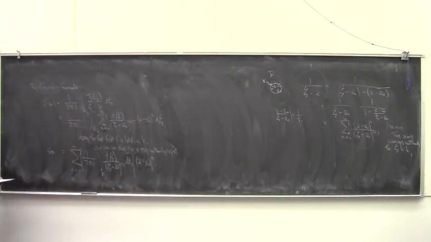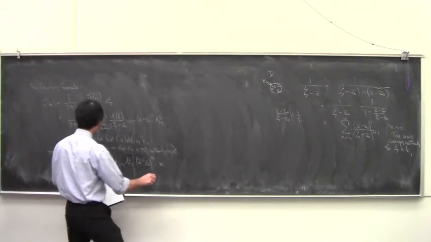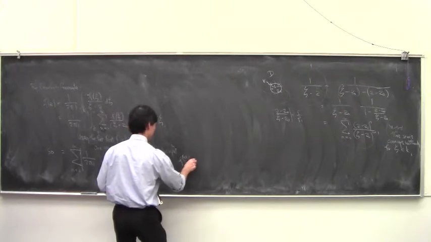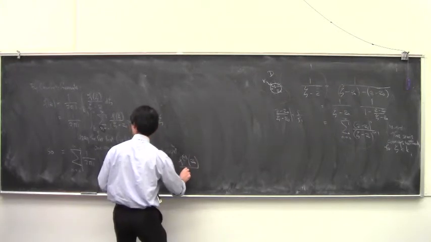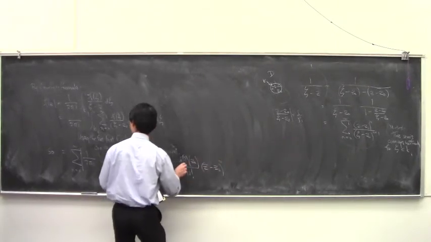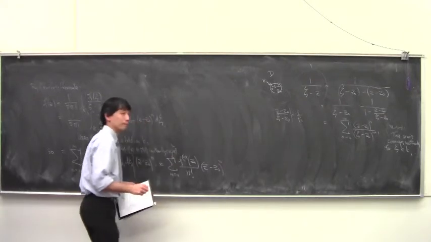What do you have? You have the nth derivative of f evaluated at z naught over n factorial, times z minus z naught to the n, summation from 0 to infinity.